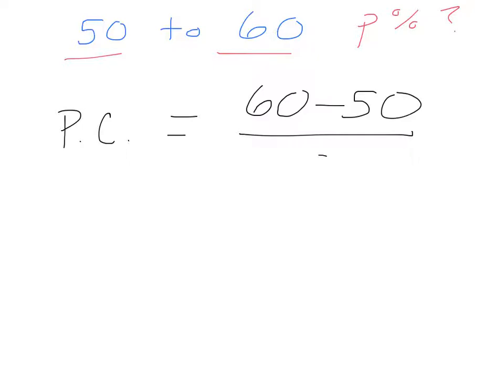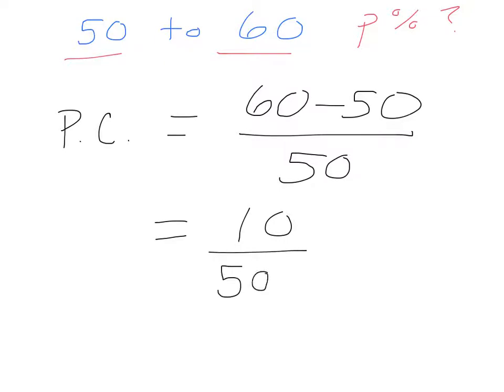The original is 50. On top, you see that there's a change of 10 over that 50. When you divide these two numbers, 1/5 is the same as 0.20. If you change this decimal to a percent, you get 20%.